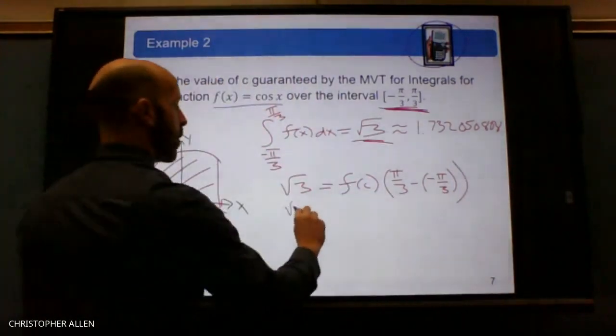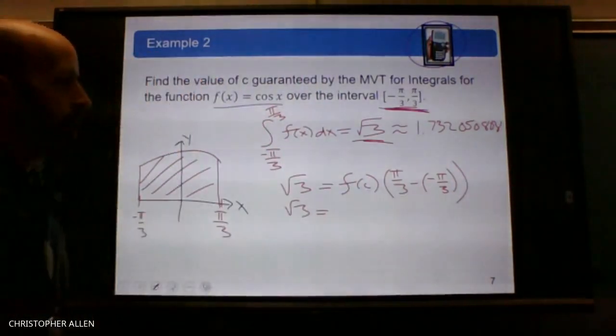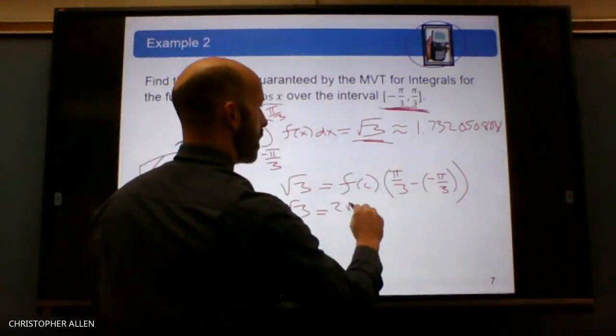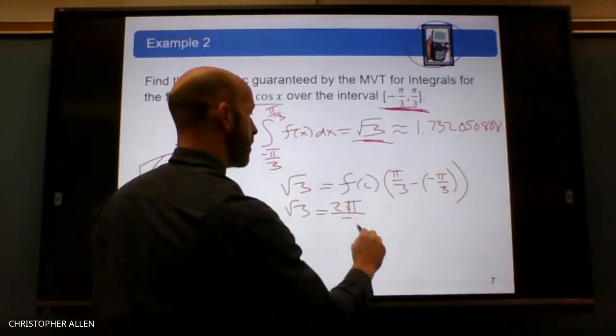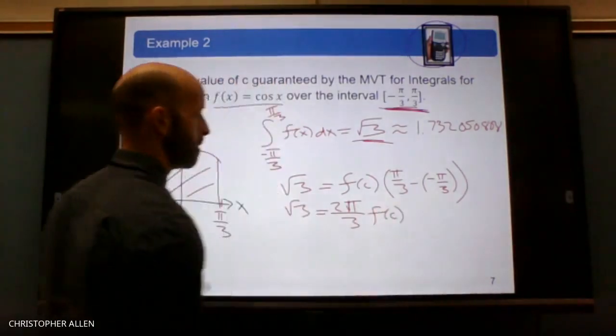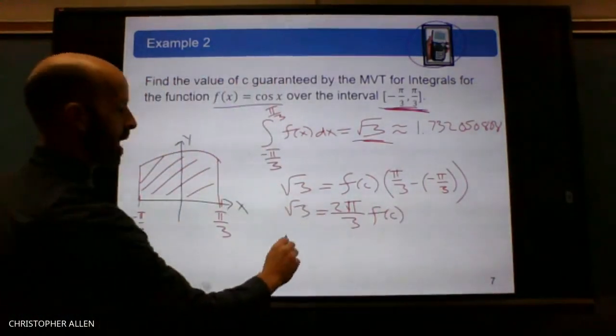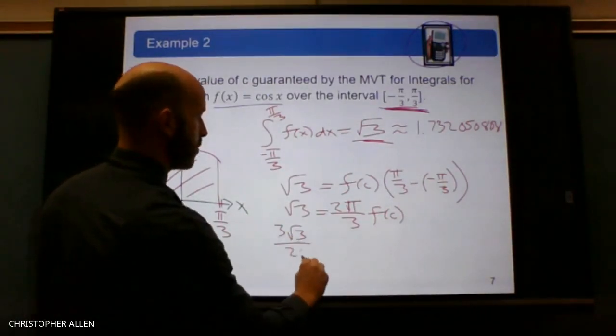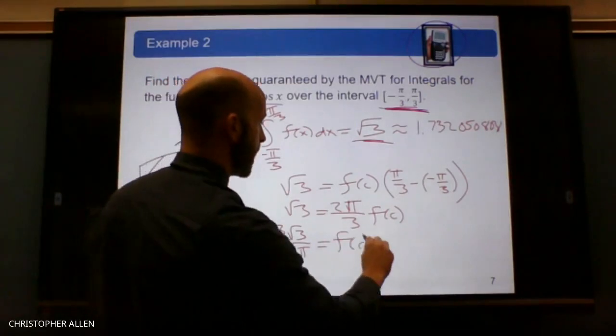In other words, this square root of 3 is going to be equal to, that would be 2 pi over 3 times f of c. And then we can multiply both sides by that, and I think that would give us 3 radical 3 over 2 pi has to equal f of c.